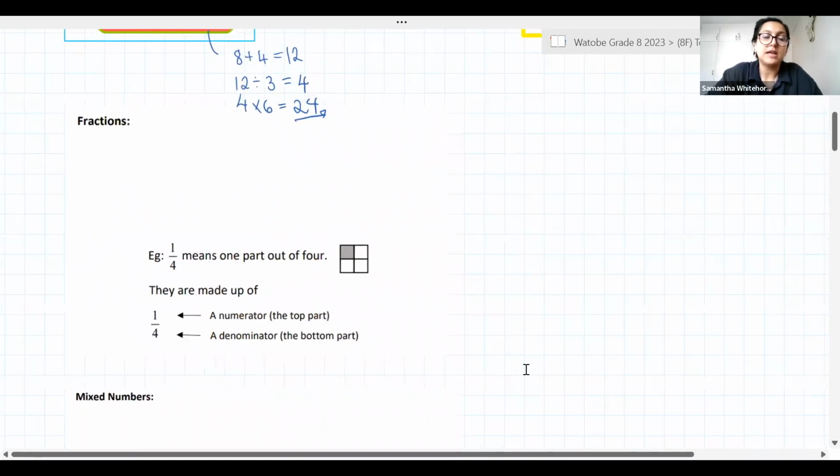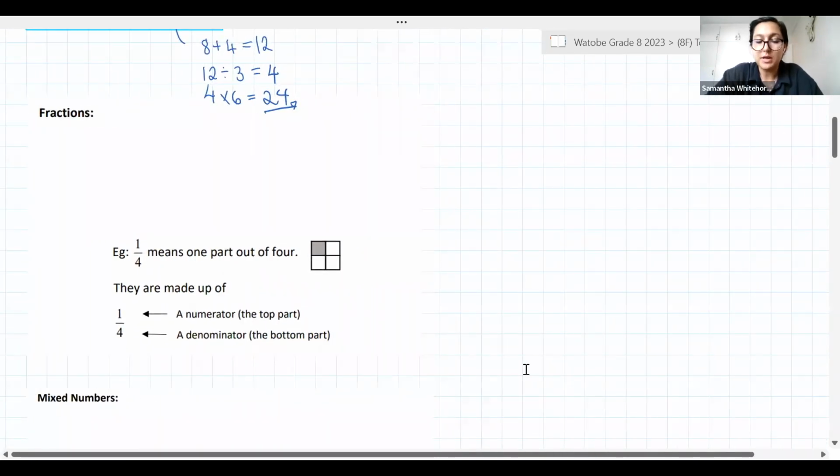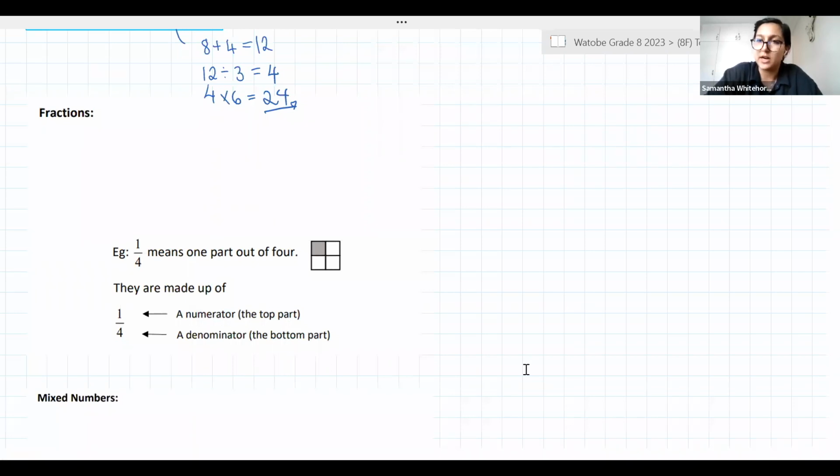Can anyone put on the chat for me, or you can raise your hand at this point, what is a fraction? Why do we use fractions? You can type it out.